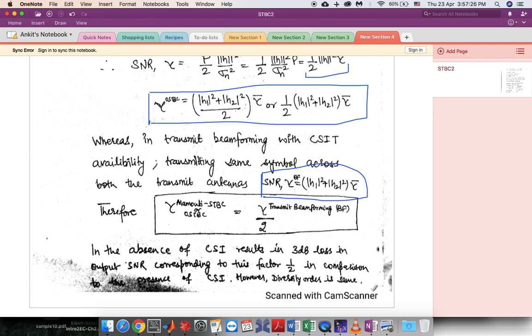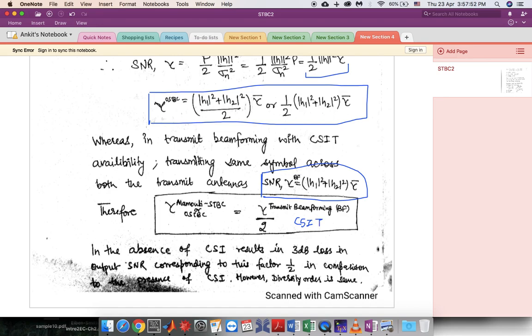So this 1 by 2 is the factor making the difference between the OSTBC SNR and the beamforming SNR. So the SNR of Alamouti STBC is half of the SNR of transmit beamforming, meaning when the CSI is available, CSIT is available.